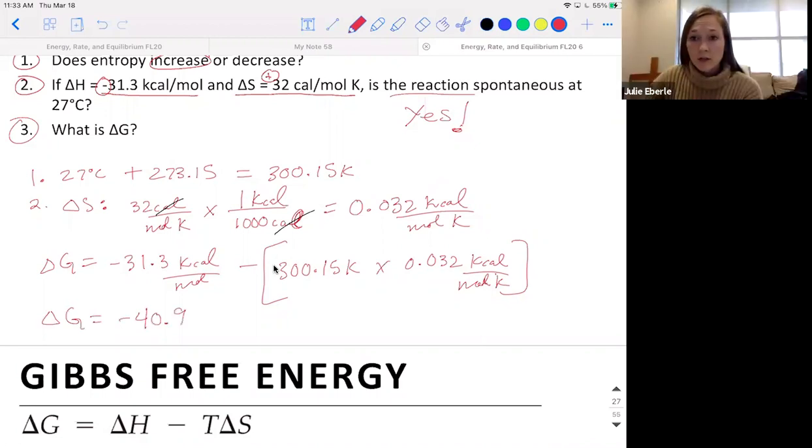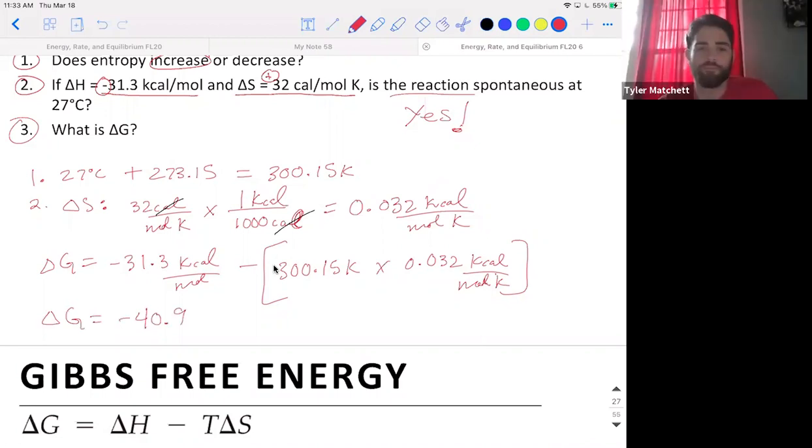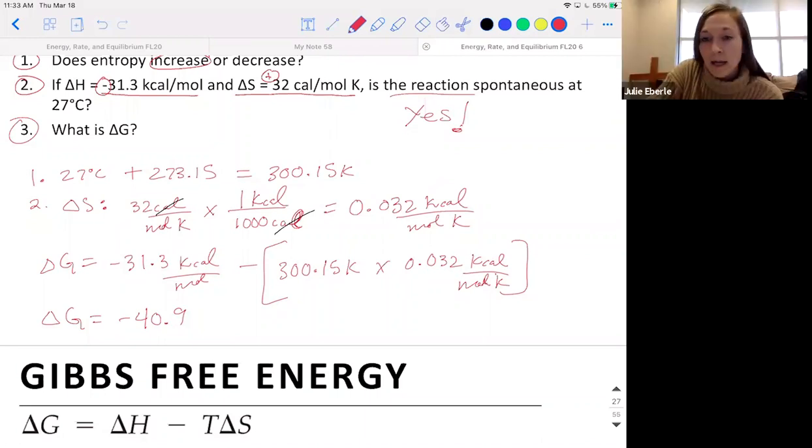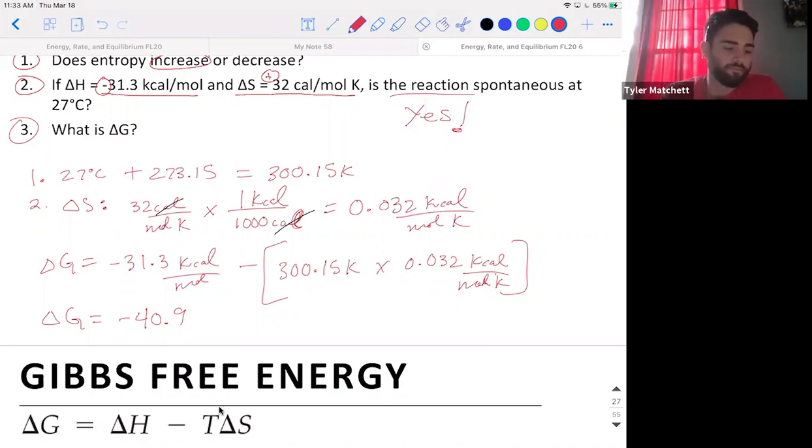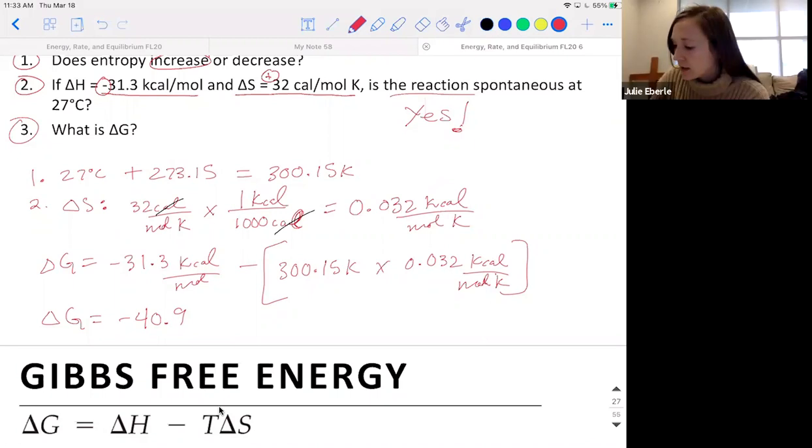You can plug it all in as a whole. But if I do the one that's kind of bracketed off, it gave me like a 9 point whatever. And then of course, that would equal 40.9. 31.3 minus 9 or so. Yeah, good. Thank you, Tyler. All right, good deal. So negative 40.9 kcal per mole.